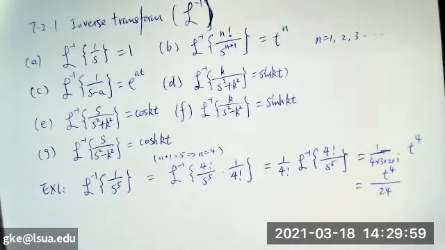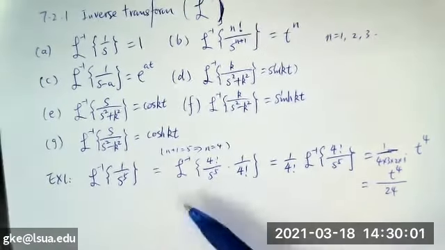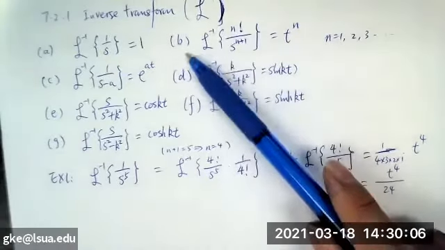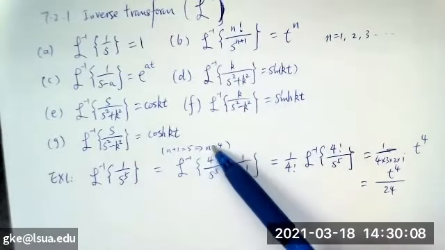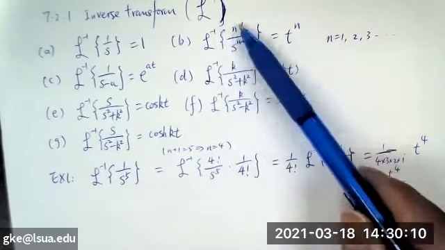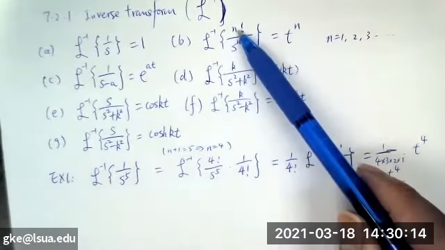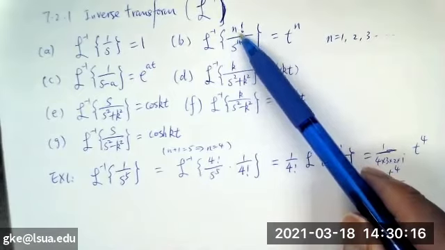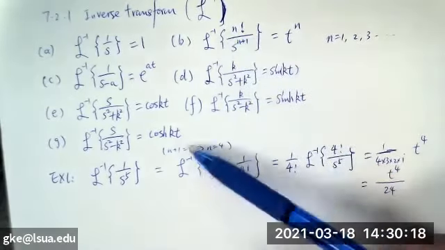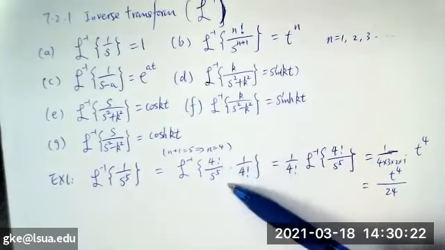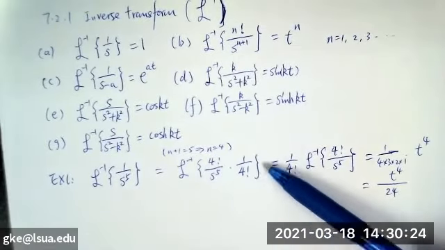So the key part, you guys need to find the n. What is n? Corresponding to this formula, we're going to have n equals 4. Since this formula requires the numerator to be n factorial, so it's 4 factorial. If you put 4 factorial here, you need to divide by 4 factorial, right?